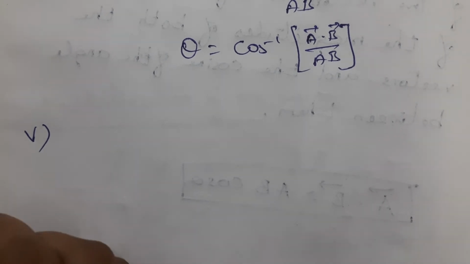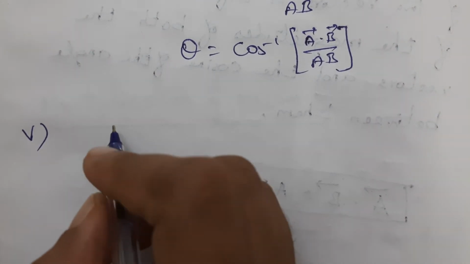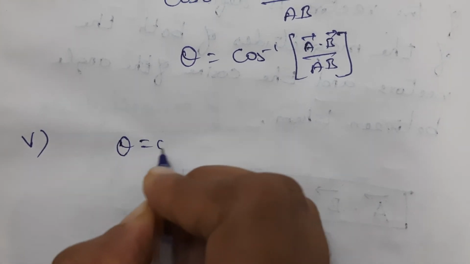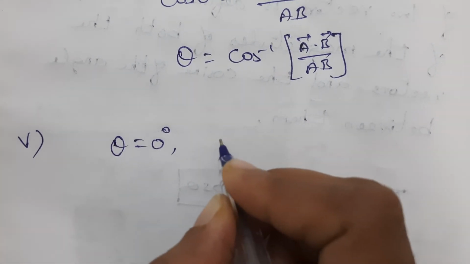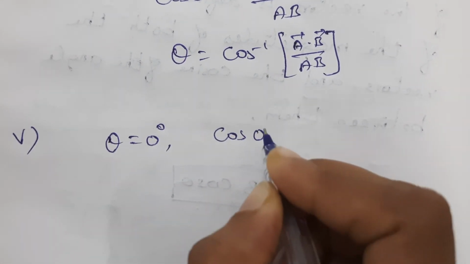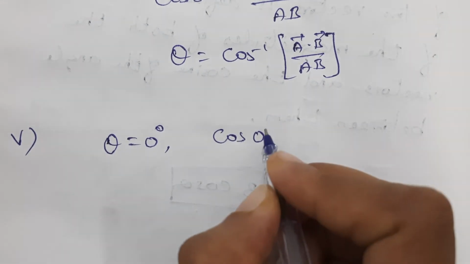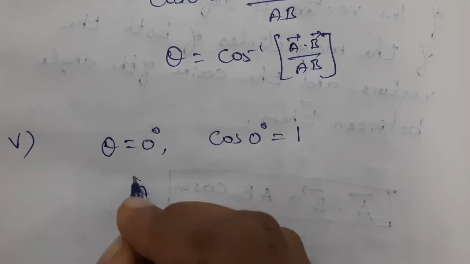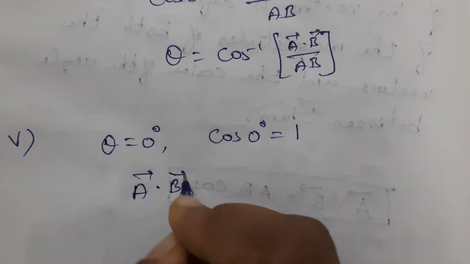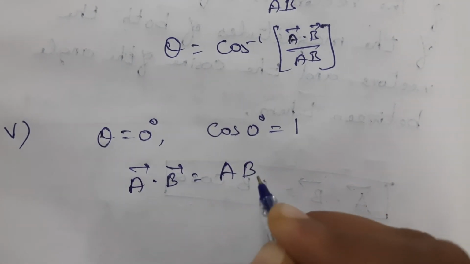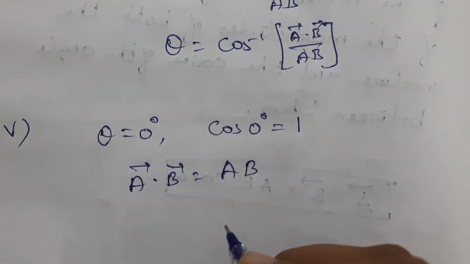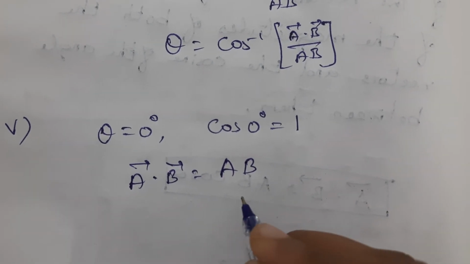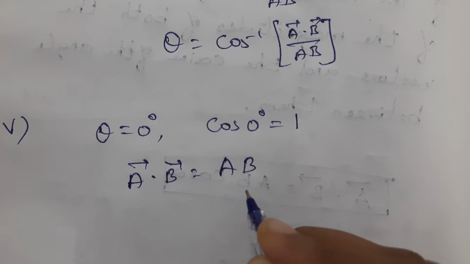Let's see the next point. Suppose theta equals 0 degrees. Then cos 0. What is cos 0? Cos 0 is 1. So the product becomes A dot B equals AB cos 0, which is AB. So this is the maximum value.